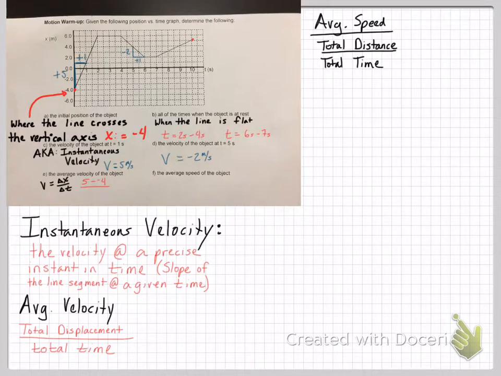The entire time of this graph, for me moving in a positive direction, staying still, moving in a negative direction, staying still, and then moving in a positive direction again, is 10 seconds. That 10 seconds goes on the bottom, so it's the total time. I moved 9 meters in 10 seconds. You could also draw a resultant vector, which you see me draw here, and you can find the slope of that line as well. So it's also the slope of the resultant vector.